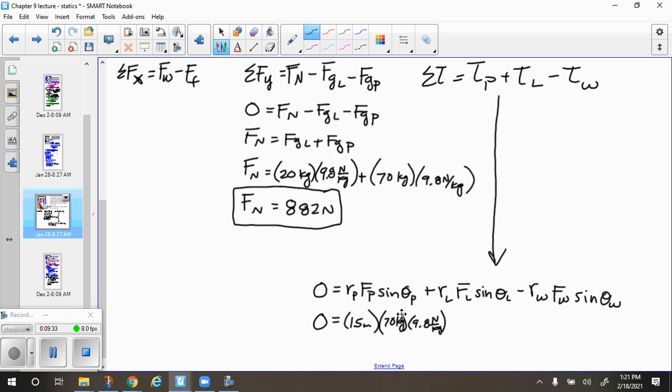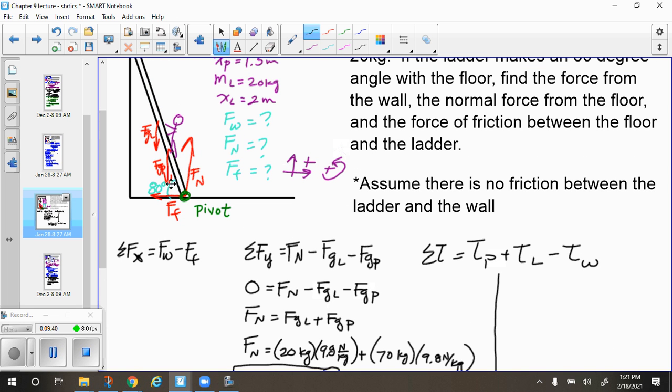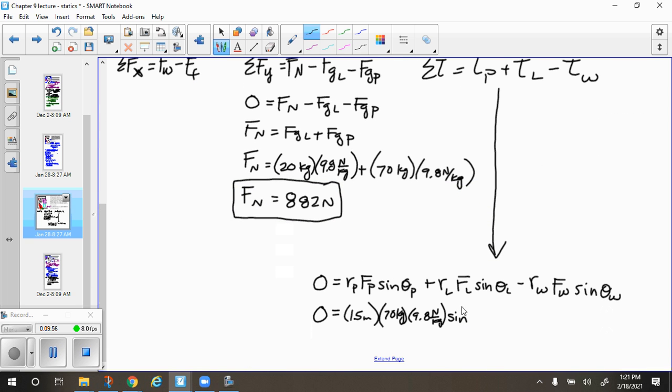And then sine of theta, let's figure out what theta is. We know that this angle down here is 80 degrees. What we need is the angle between the radius, which is this vector right here, and the force of gravity. So that's going to be the 80 plus 90, so that's going to be 170. You can also do 10. It would be the same answer.